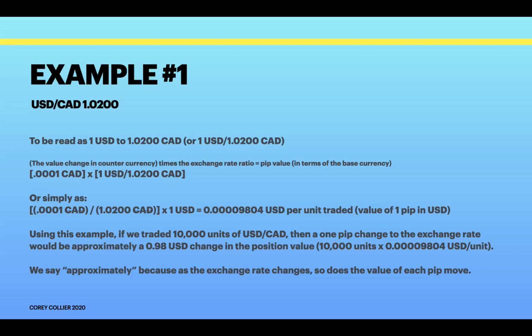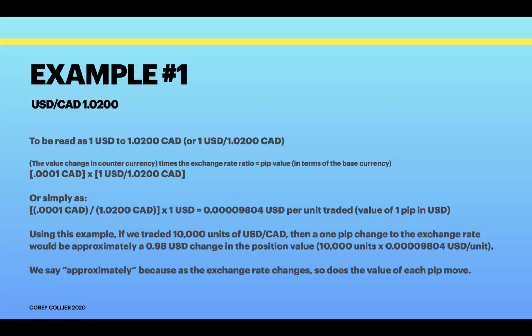Or simply, there's the whole calculation: 0.001 Canadian dollars divided by 1.02 Canadian dollars times $1. That's going to give you a pip value of 0.00009804 United States dollars per unit traded, or the value of 1 pip in United States dollars.